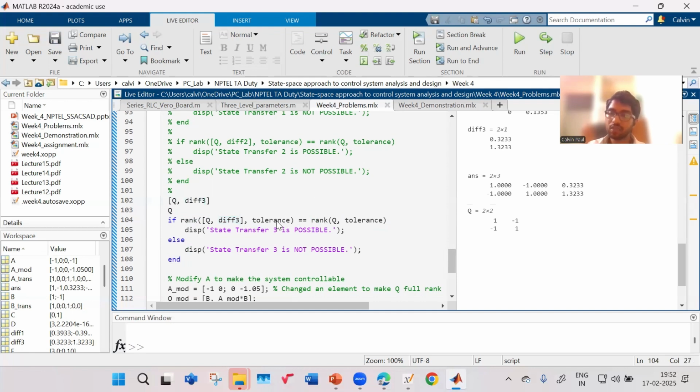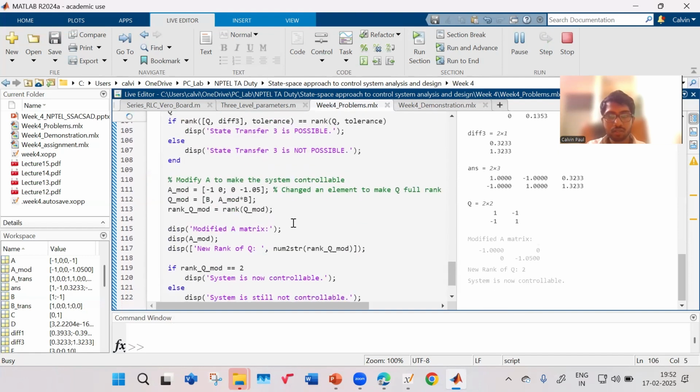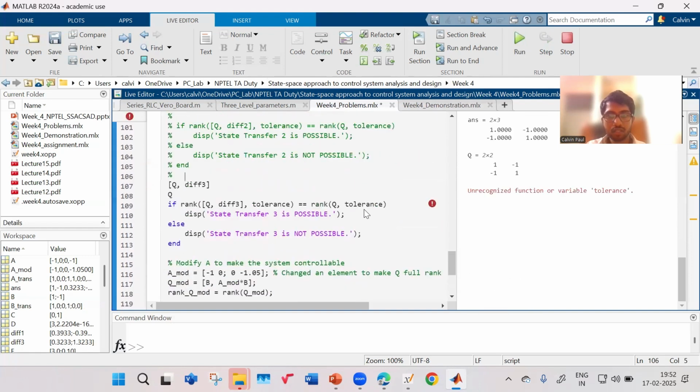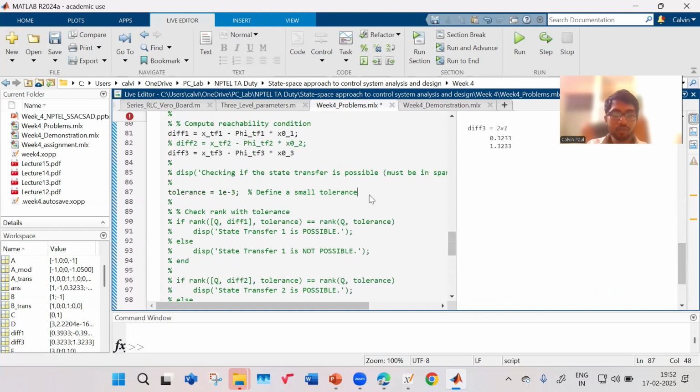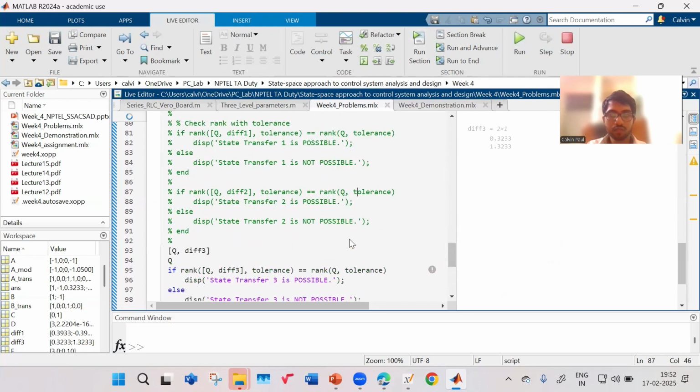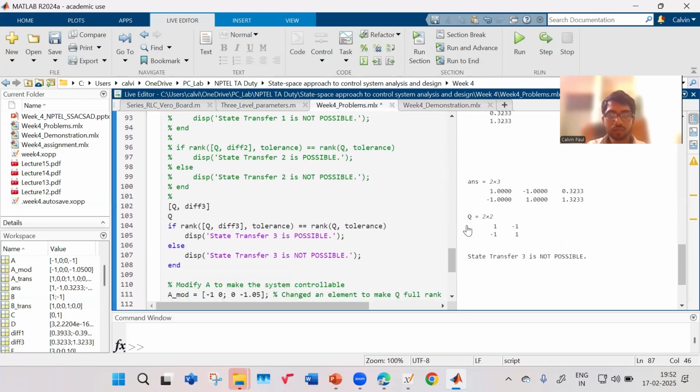A certain tolerance is required because MATLAB computation requires some tolerance. So if we run this section, it shows tolerance. Okay, I commented that out. Let us allow it to run. It shows that state transfer 3 is not possible. So this is one way to check whether state transfer is possible or not.